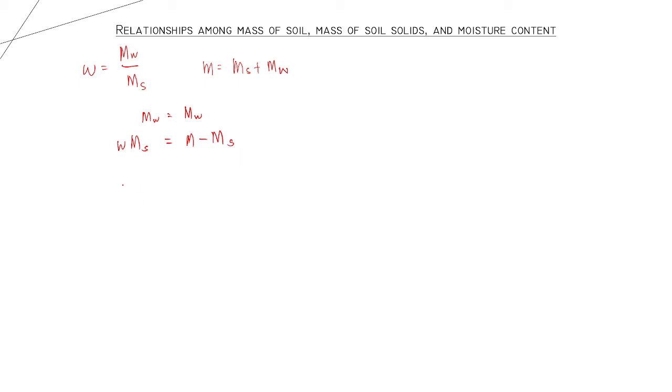So can we write M is equal to moisture content times mass of soil solids plus the mass of soil solids. So the total mass is equal to the mass of soil solids times 1 plus moisture content. So this moisture content should be in decimal and not in percentage. So you can also apply the same for the weight.